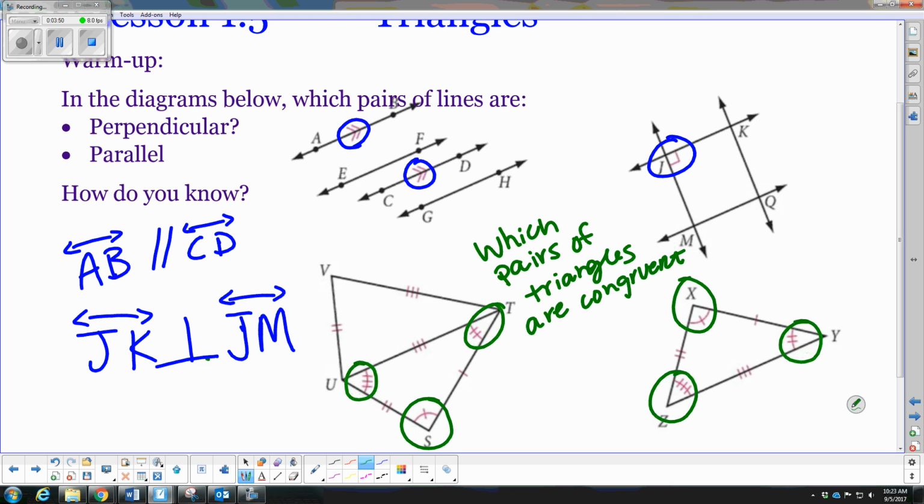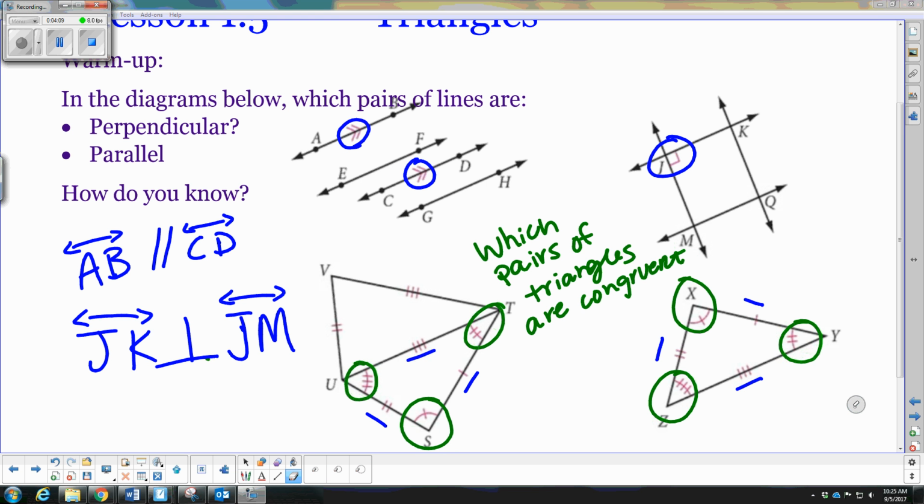Side UT is congruent to side ZY. Side ST is congruent to side XY. And side US is congruent to side XZ.